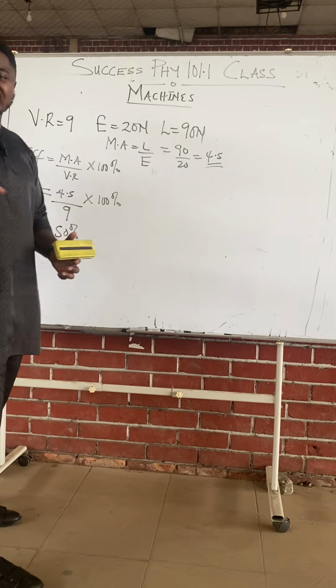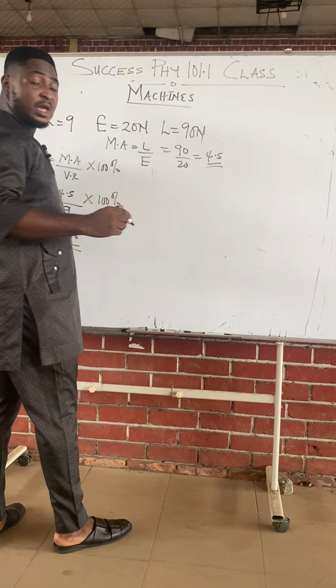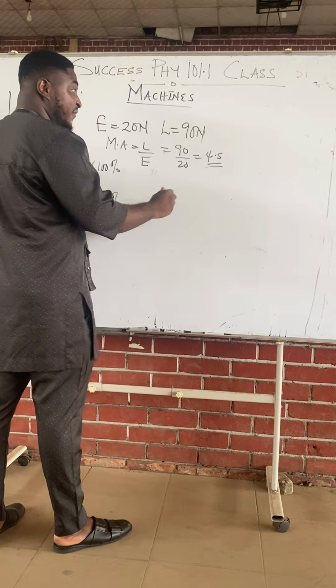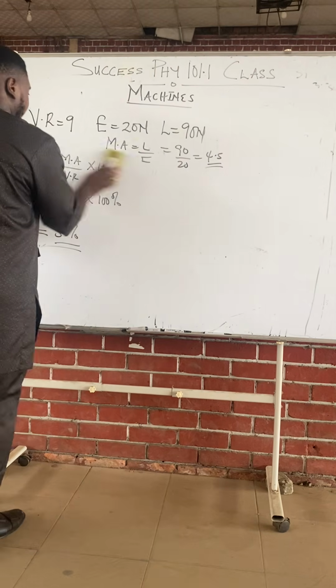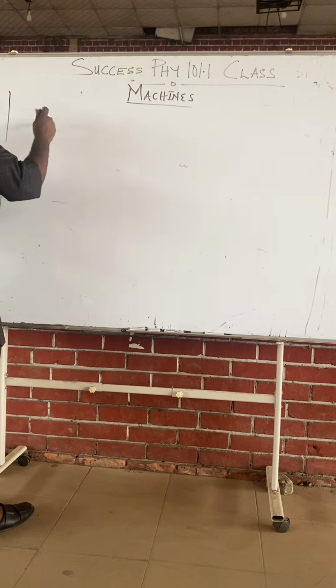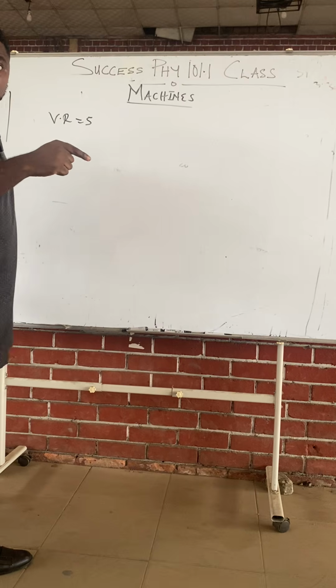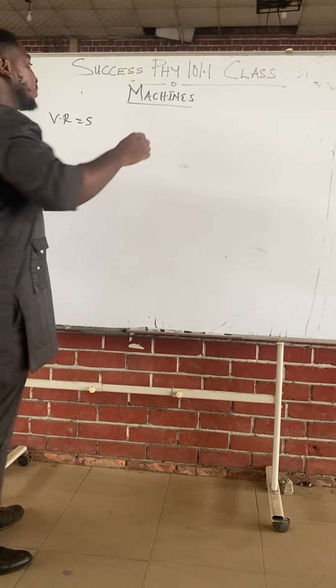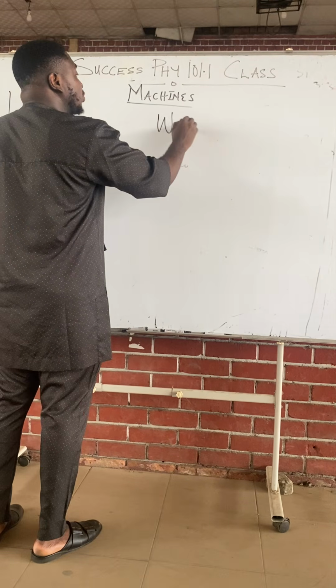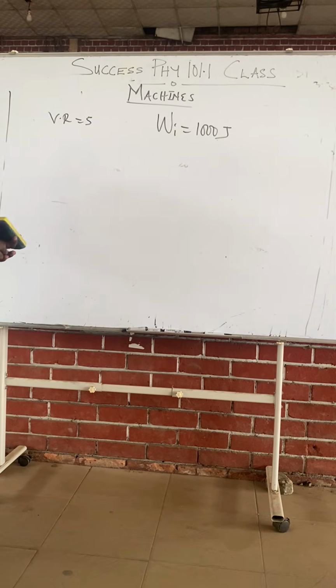Now, what's the second question? A machine with a velocity ratio of what? 5. VR is 5 now. Requires 1,000 joules of work, which means the work input is 1,000.